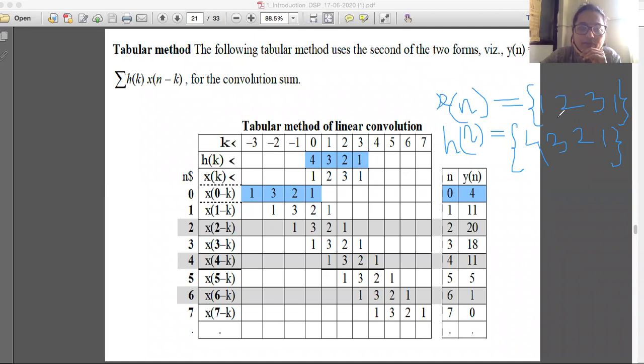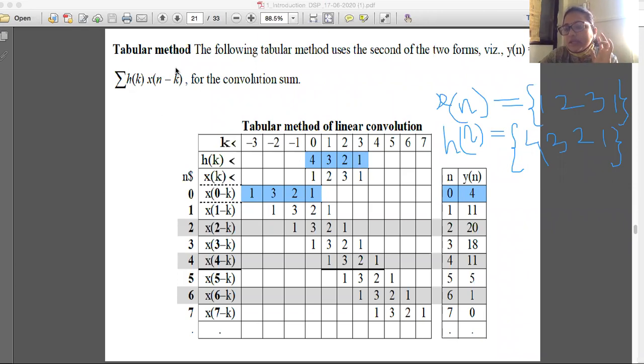Here I have considered the formula for calculating y of n by means of the convolution theorem. We can exchange the order of the sequences, since this formula is commutative. While considering this tabular method, I have considered h of n as it is, but the input sequence x of n is folded and shifted.